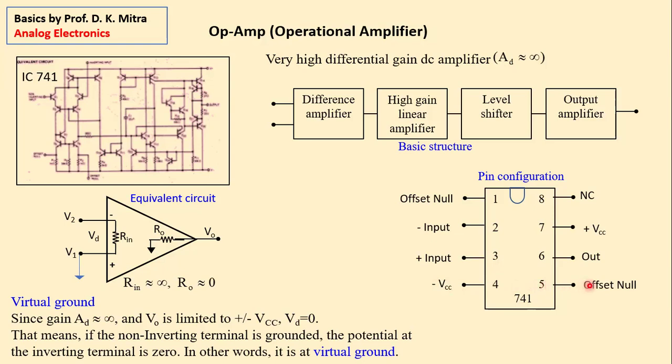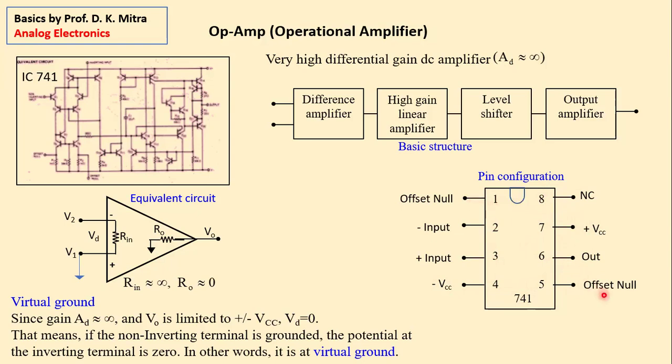Pin number 5 is offset null. Pin number 6 is always the output. Pin number 7 is the positive supply voltage. Pin number 8, there is no internal connection. But there has to be an 8th pin, otherwise it will not fit into the socket. For the sake of symmetry, 8 pins. If there are 4 pins on the left-hand side, there has to be 4 pins on the right-hand side.